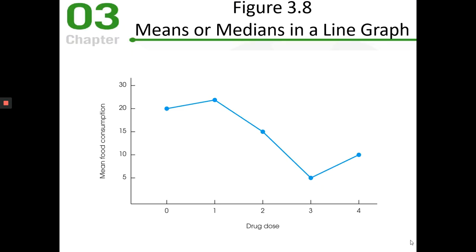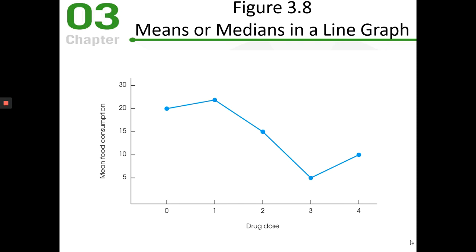And here's how we graph means or medians. In this case, it's a mean, but here we have continuous data on the bottom. On the horizontal scale, it says drug dose. Let's just assume that this means hundreds of milligrams.